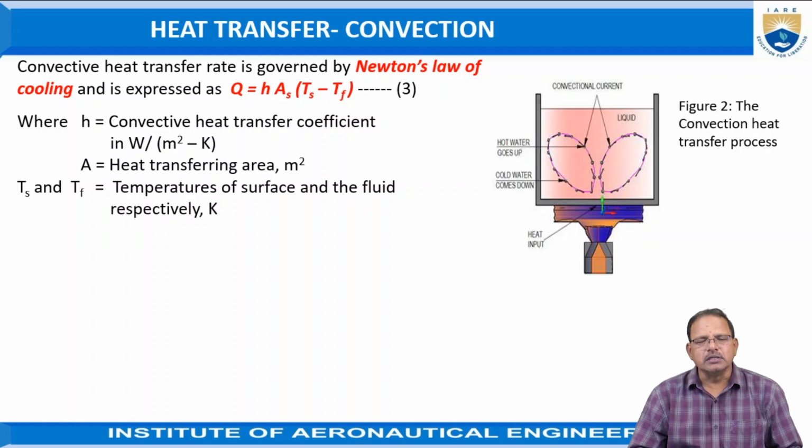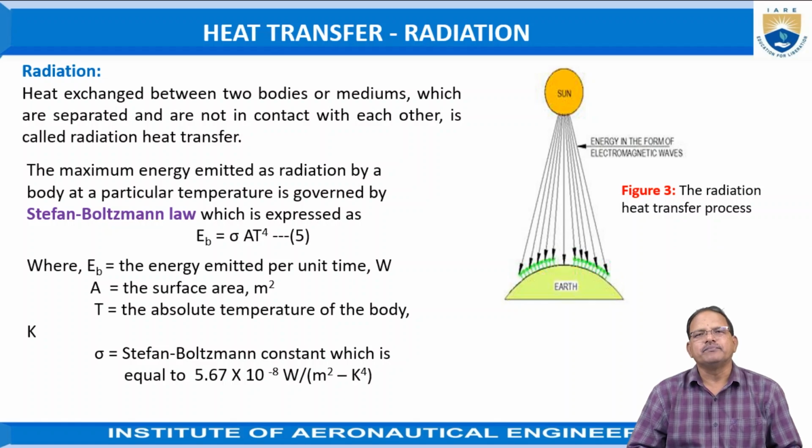It is given by the equation Q equals h into A_s into (T_s minus T_f), where Q is the quantity of heat energy flowing, h is the convection coefficient, A_s is the surface area, T_s is the temperature of the hot solid, and T_f is the temperature of the fluid. That means, according to the equation, the heat energy flows from the higher temperature of the body to the lower temperature of the fluid. Third is the radiation process.